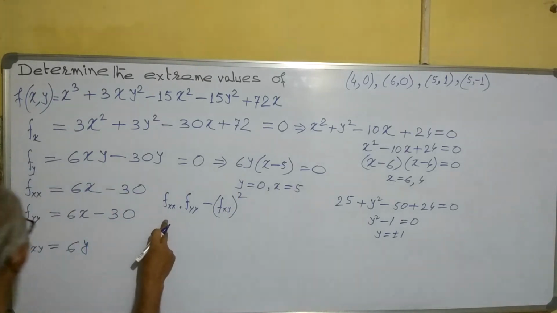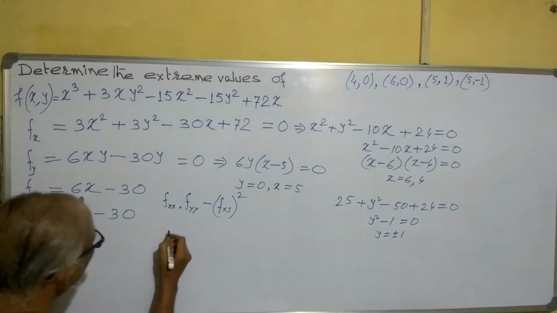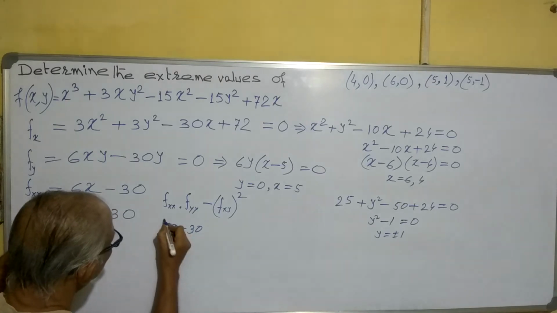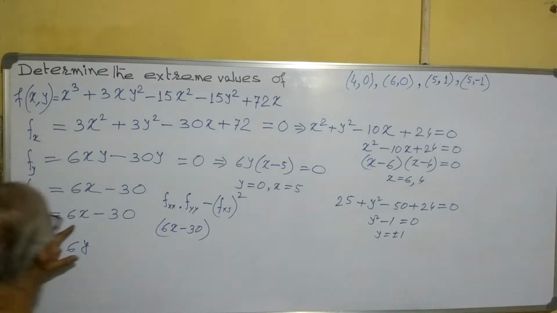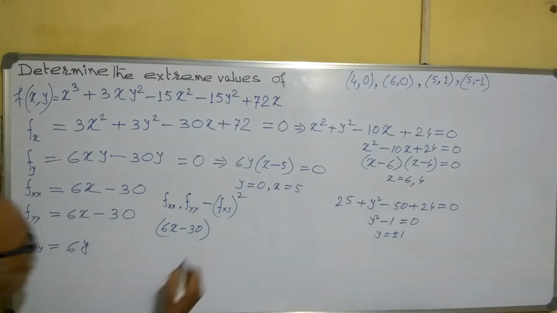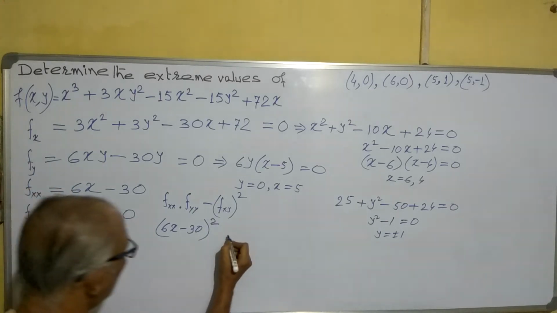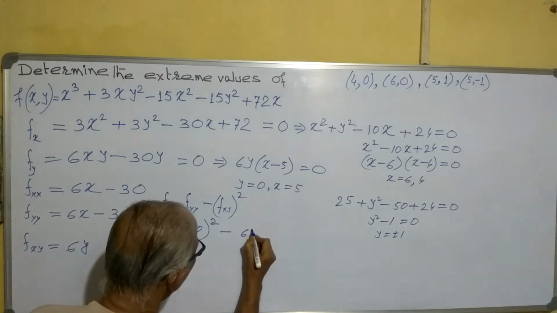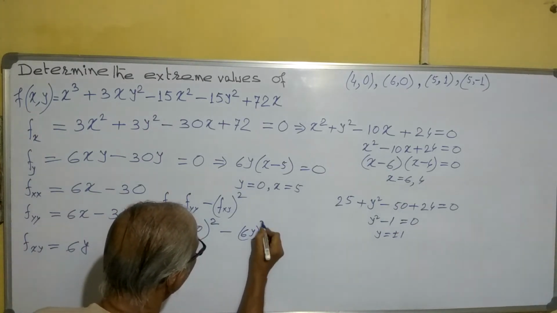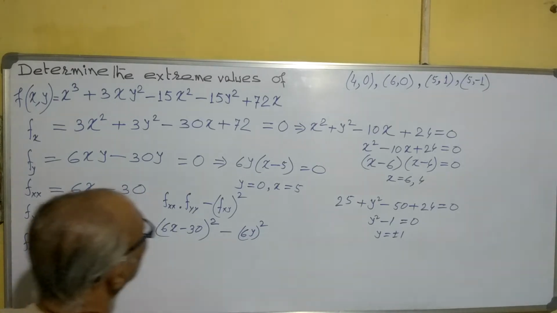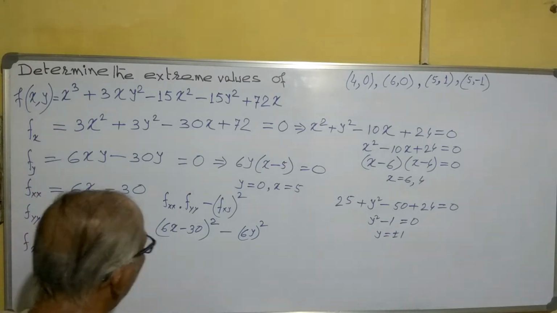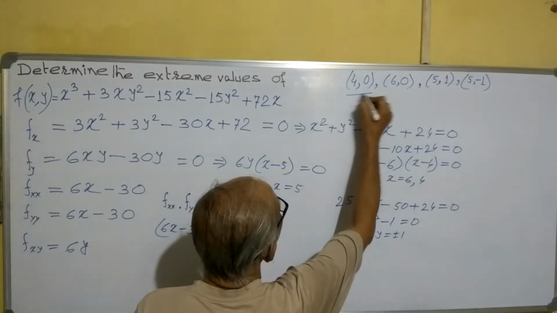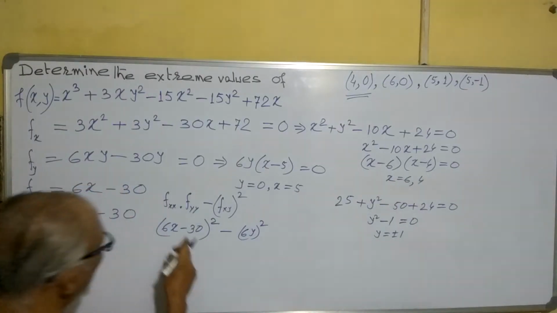By putting this value, fxx is 6x minus 30 into fyy is also the same, so we are putting it, whole square minus fxy, that is 6y whole square. This we are getting. Now one by one we can check these values for this case.